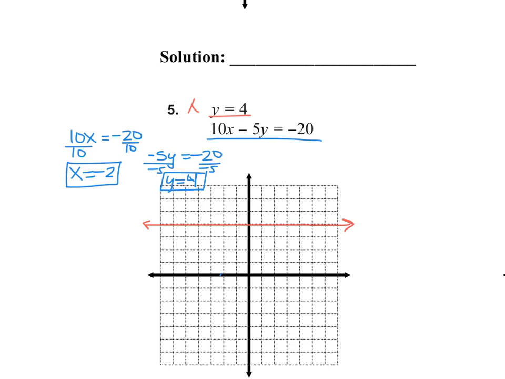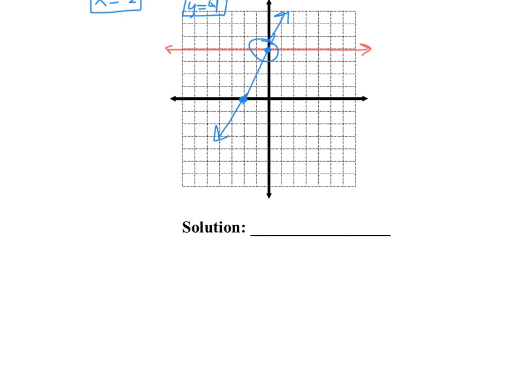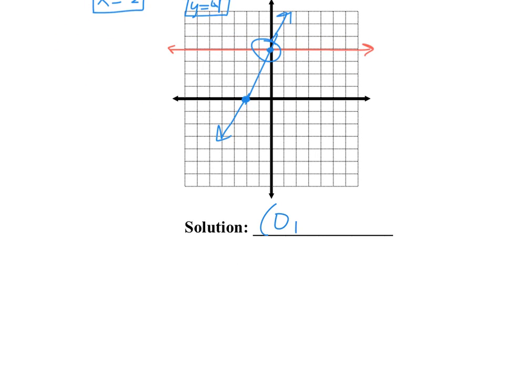Okay, so x equals -2, y equals 4, and draw that line in. Okay, that means our solution is that point right there where they meet, which is the point 0, 4. And that would be your answer. All right, finish that up for homework, and good luck on the quiz.